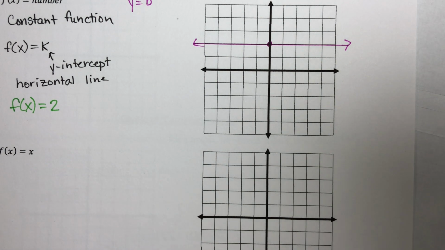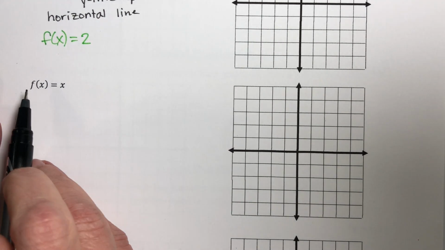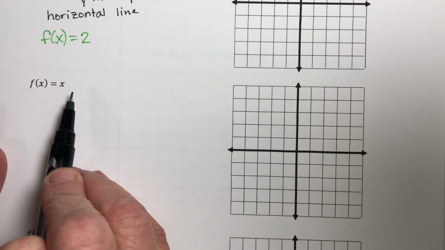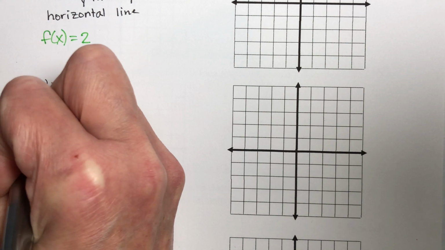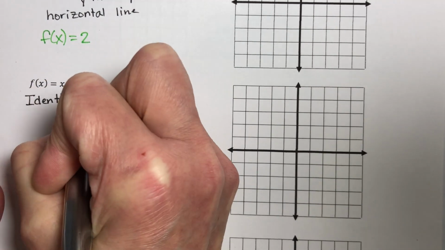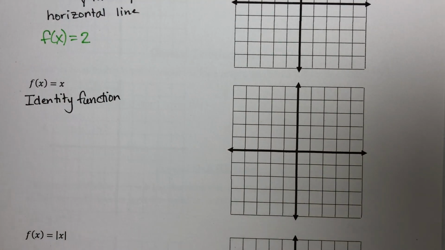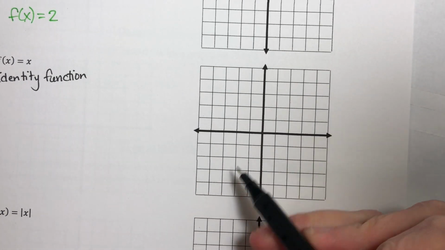through that particular number. Okay, so let's look at f of x is equal to x. What this is saying is if you plug in x, you get x. So these are identical. This is the identity function. What this line looks like is a diagonal line that cuts these two quadrants in half.